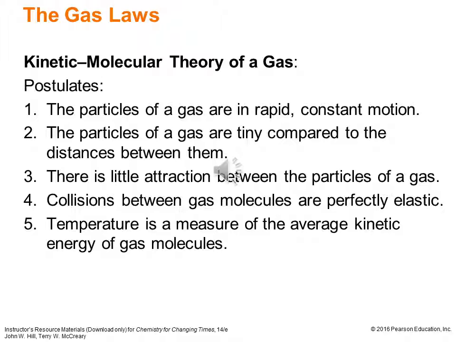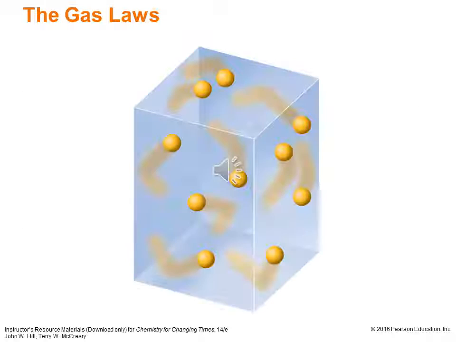And finally, number 5, temperature is a measure of the average kinetic energy of gas molecules. So the higher the temperature of a gas, the faster the average gas molecules are moving in that sample. So these 5 postulates, again, give rise to that idea of billiard ball type atoms that are fairly representative of the molecules or atoms in a gas.